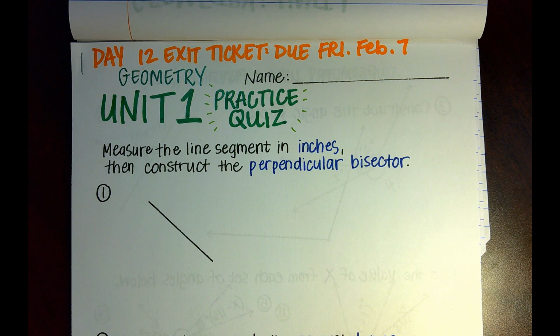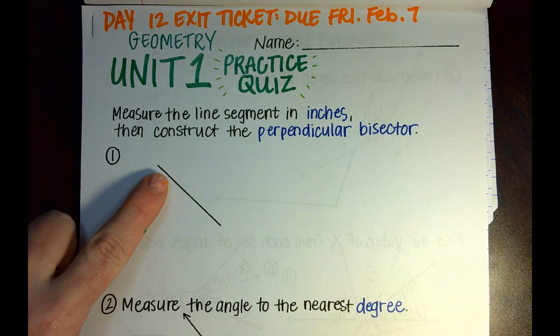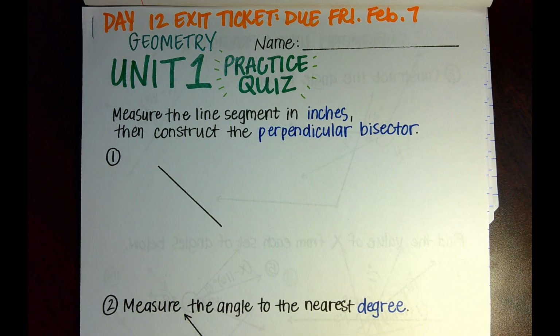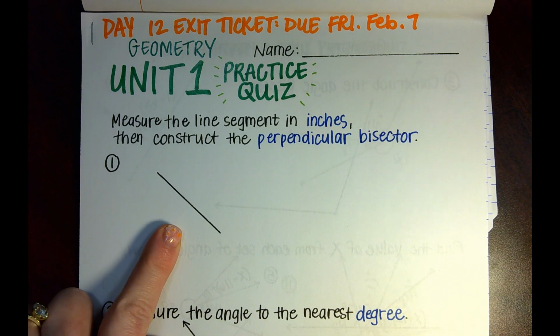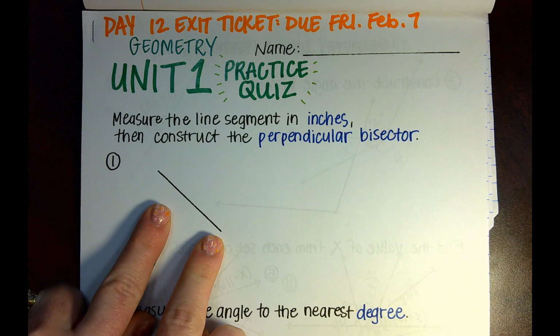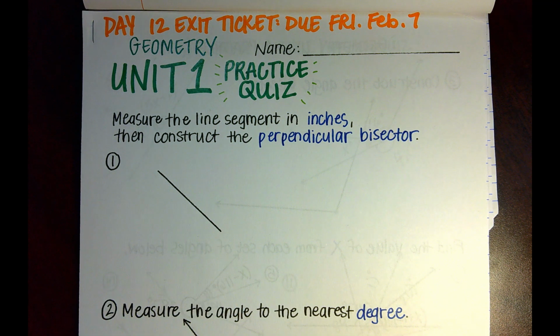So, Unit 1, practice quiz. Our first question says to measure the line segment in inches and then construct the perpendicular bisector. On this question in particular, I am going to be picky about your inches. I want you to measure it to the nearest 16th of an inch, okay?